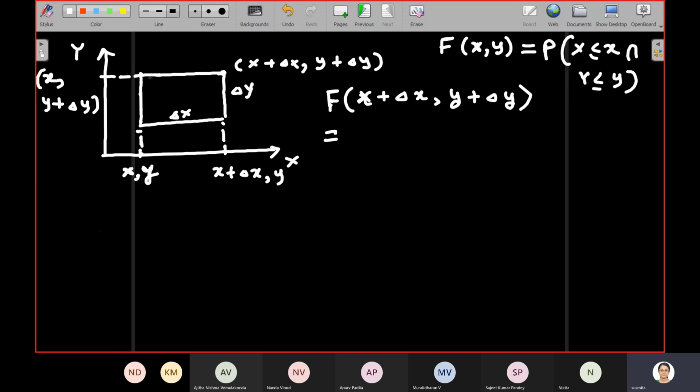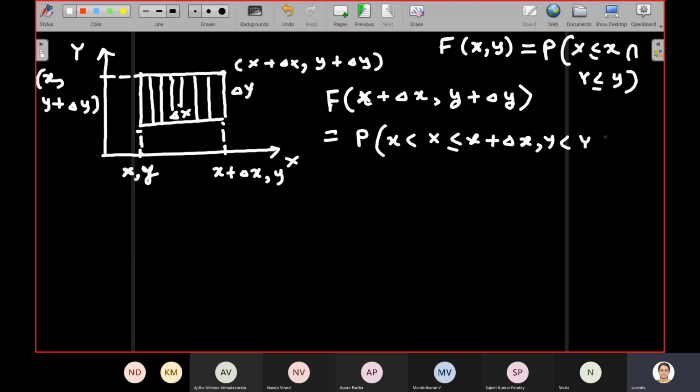So if we consider this area, the corresponding probability is that x is between small x and x plus delta x, and y, this one, right?